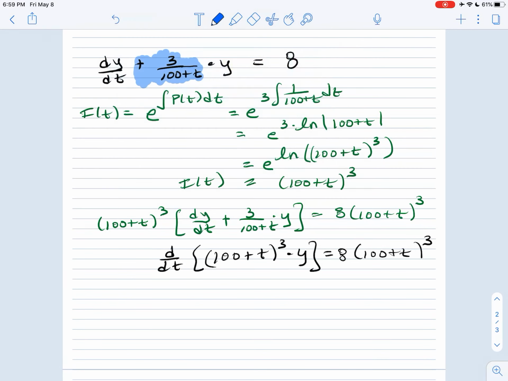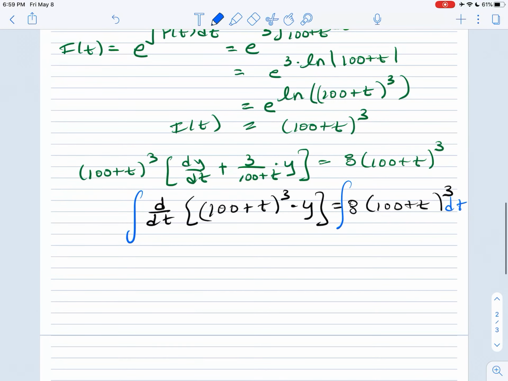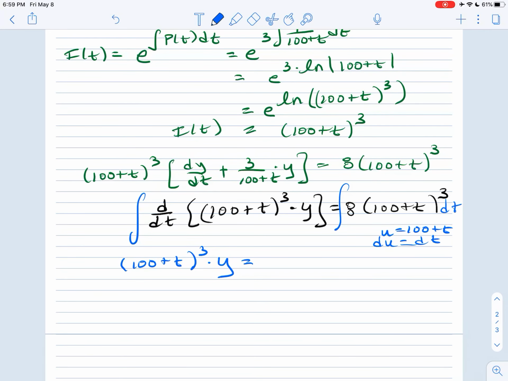Our next step is to integrate both sides. So I'm going to integrate the left with respect to t. Derivatives and integrals are inverse processes of each other, so the left-hand side transforms to 100 plus t cubed times y, and the right-hand side with a u substitution of 100 plus t, I would end up with an 8 times u cubed du, because our du here would just be dt.